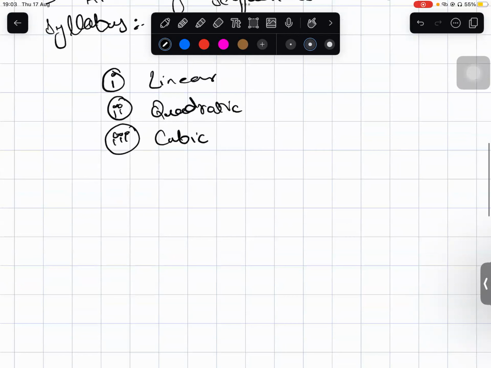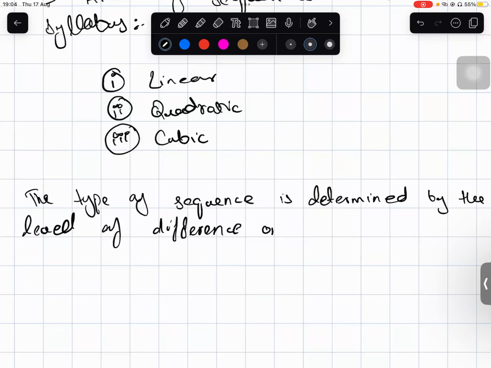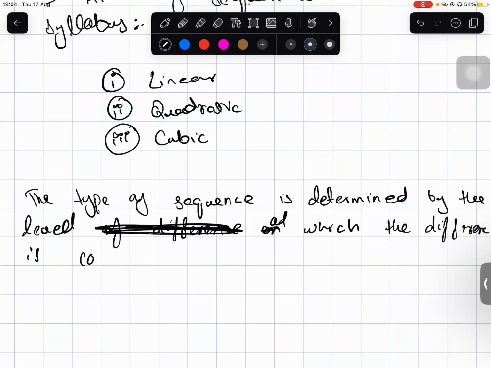We also discussed that the type of sequence is determined by the level at which the difference is common.